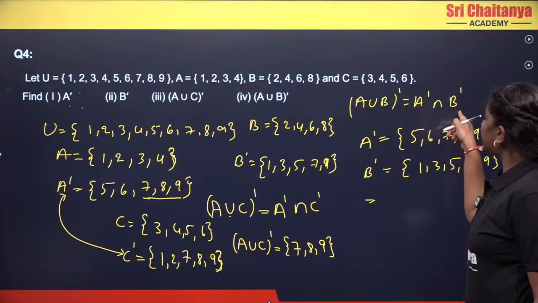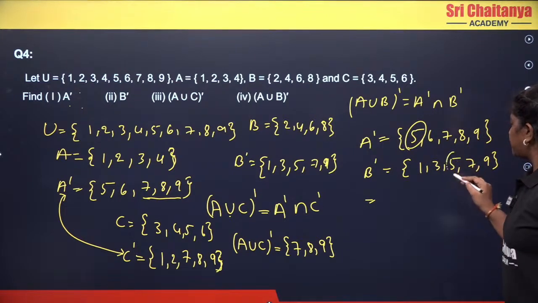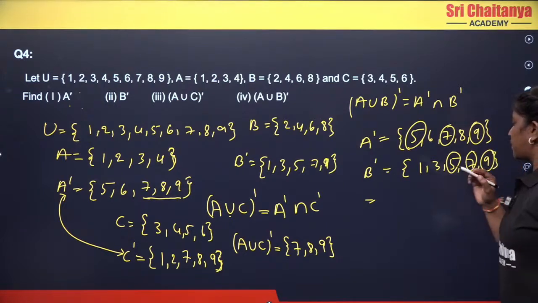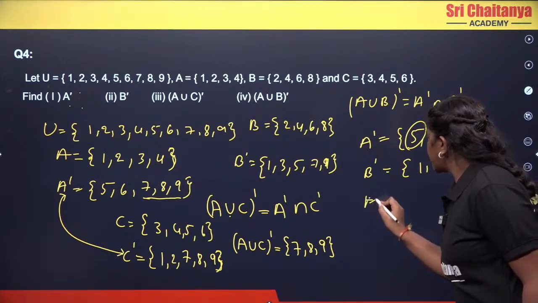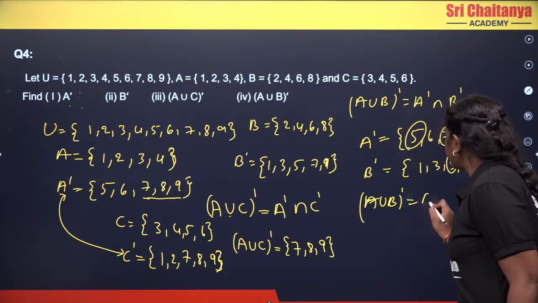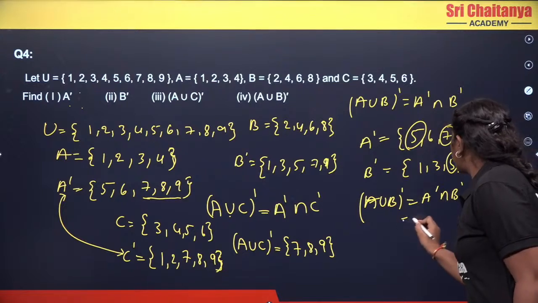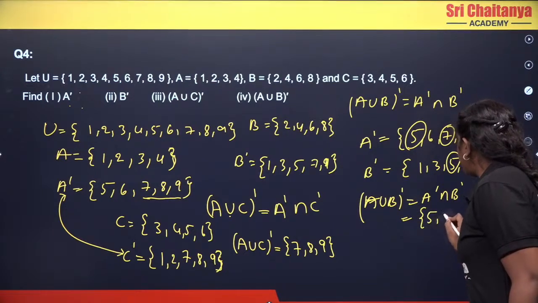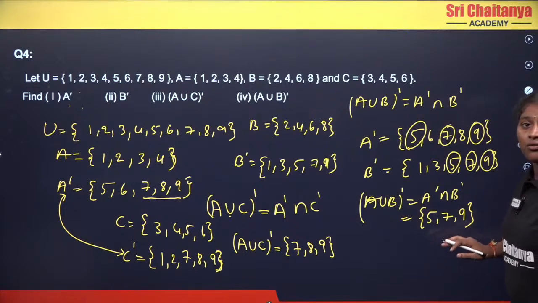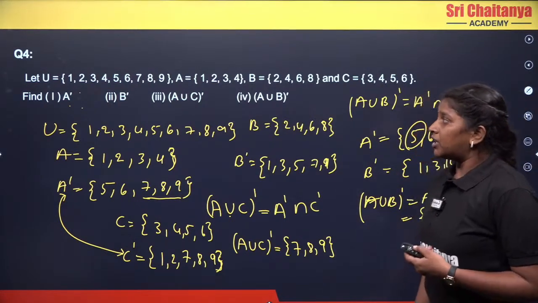Now we have to take the intersection between them. So let's see the common elements: 5, next 7, and next 9. So (A union B) whole complement equals A complement intersection B complement, which is equal to the set of 5, 7 and 9. Okay. So this is how we are going to find the complement of the given sets.